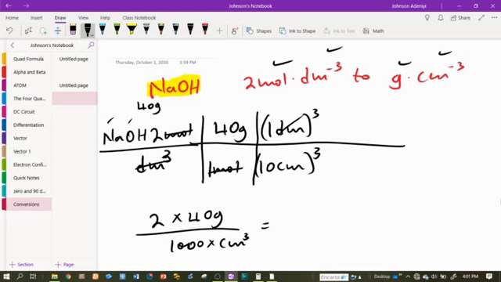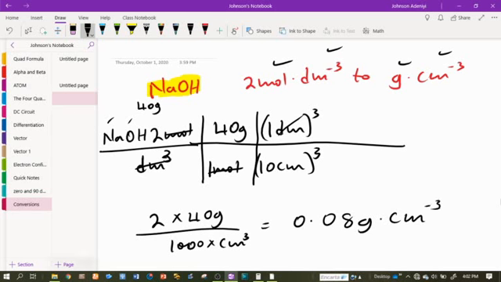So this will give you 80 divided by 1000, and that will give you 0.08 gram per centimeter cube.